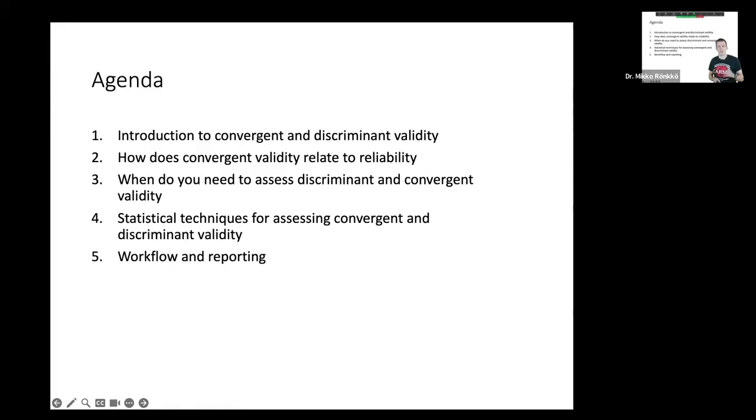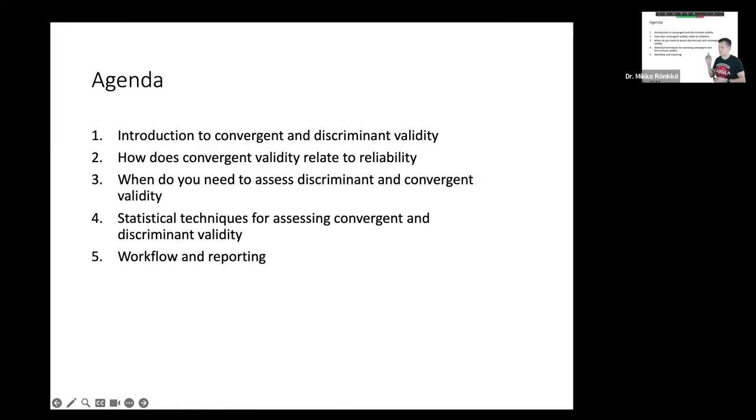So when would a correlation be evidence of reliability, and when would a correlation be evidence of convergent validity? It's the same correlation, and depending on the context, it can go either way, either reliability or convergent validity. I'll talk about that.